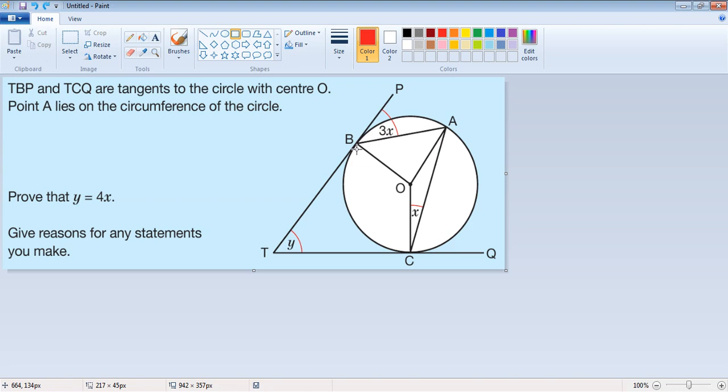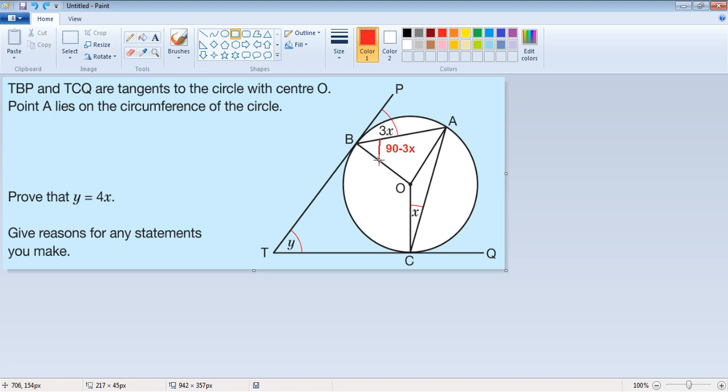So let's start. The first thing that we're gonna see is that this side here is going to be exactly 90, the whole thing here minus the 3x formed here, because you have 90 degrees in total. If you take 90 and you get rid of this 3x, you're gonna find exactly this angle.